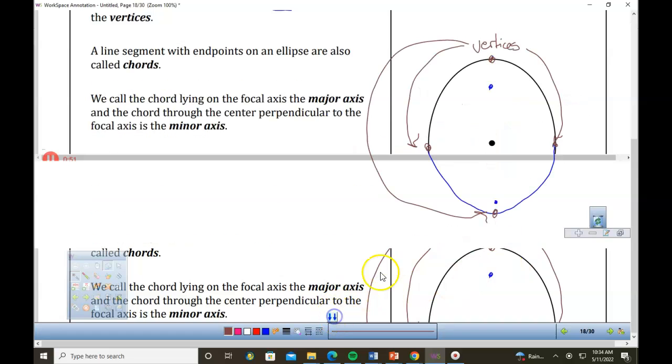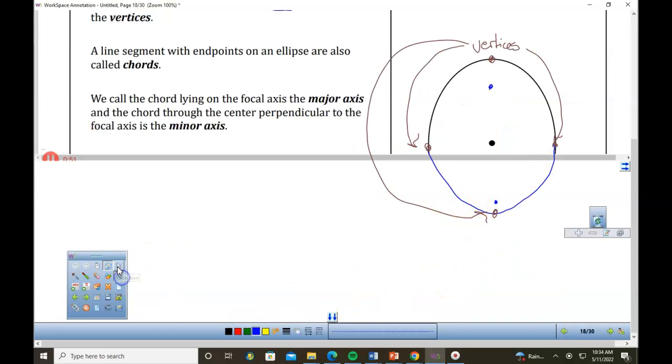Even if we scroll down here, with this picture, we're going to have our major and our minor. For this one, this would be my minor, and this one would be my major, because it's my bigger one. Bigger one's always the major. So for this one, this would be my B, and this would be my A.